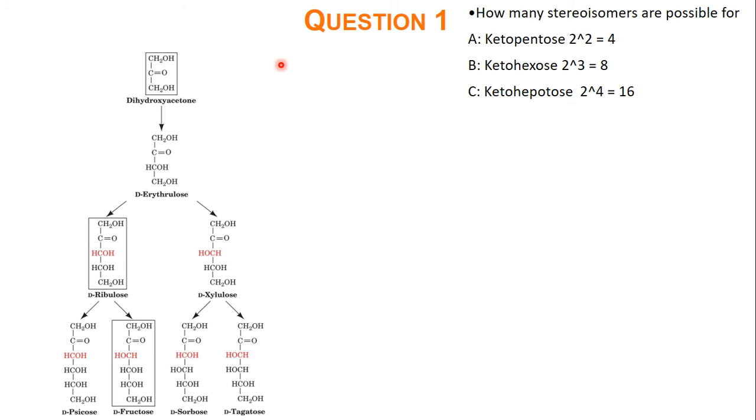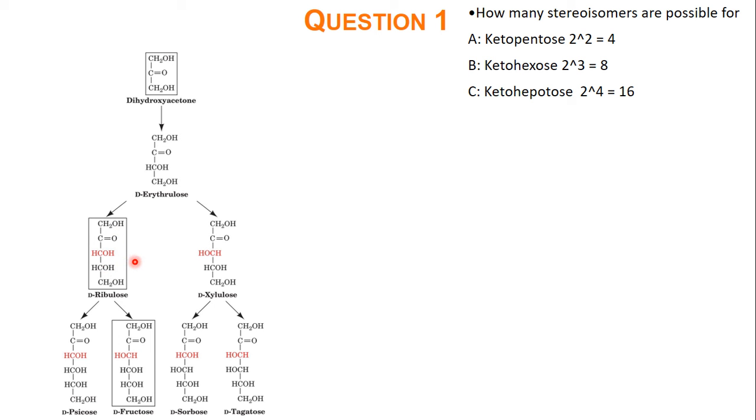Now, our first question has to do with stereoisomers. A stereoisomer is a molecule that differs at one chiral center. If we look at our ketopentoses, keto has a ketone, pentose means 5 carbons. We only have 2 chiral centers.